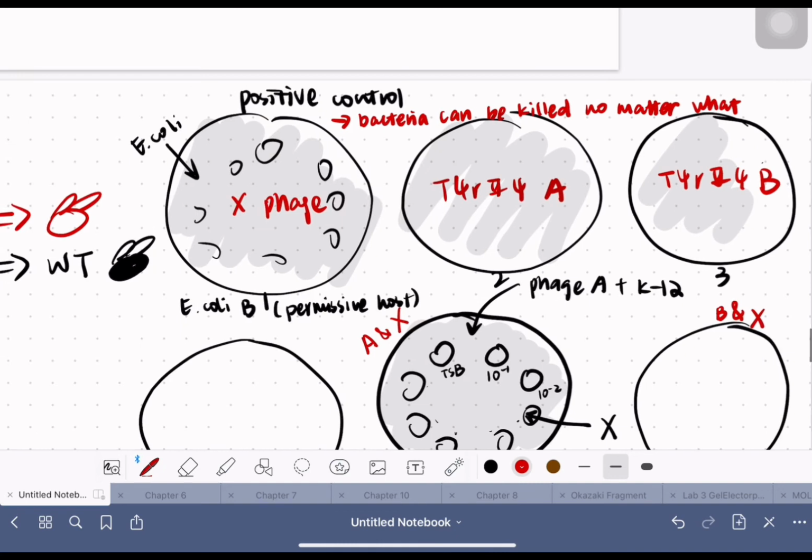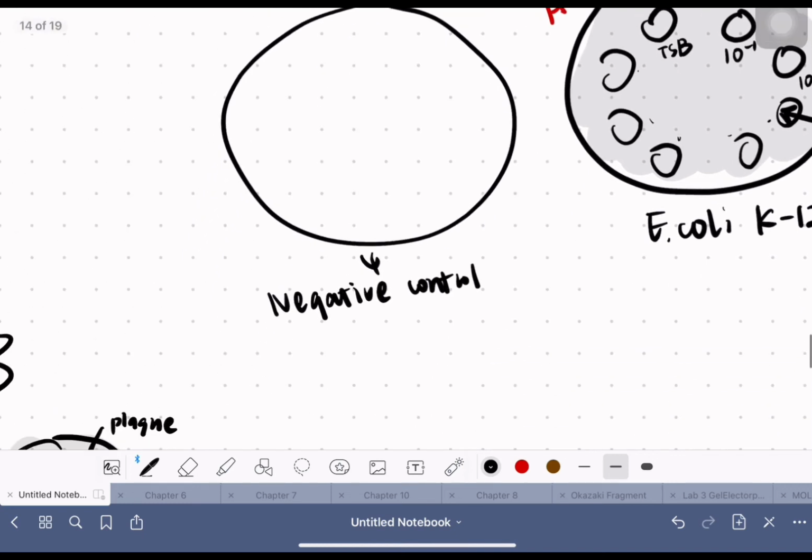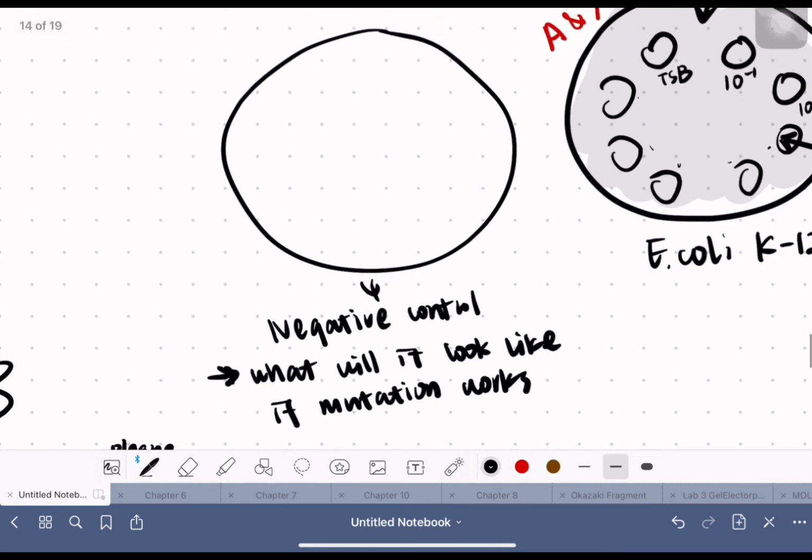Okay, plate 4 will be the negative control. So this is for us to see what the plate will look like if mutation works. Basically, it is to create a standard condition, and that's why we'll be using the same bacteria as plates 5 and 6, so the E. coli K12.